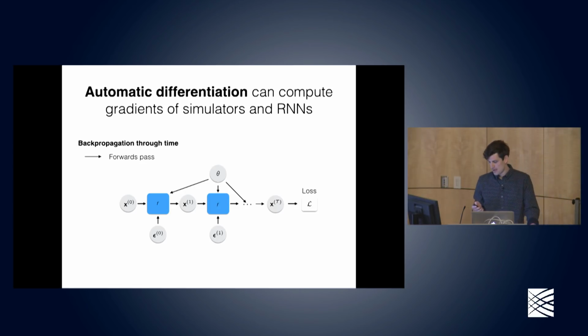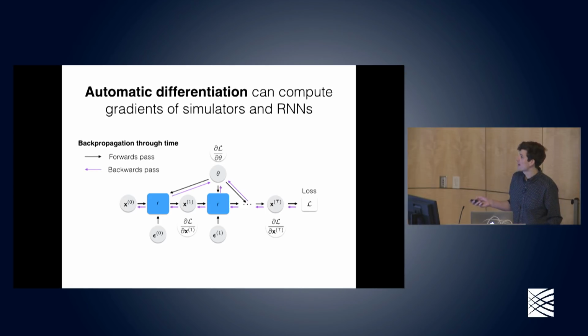Backpropagation through time basically says the amount of compute you spent on the forwards pass, running the whole simulation forwards in time, is basically the amount of compute you need for a backwards pass, where as you march backwards through time, you compute as you go along the sensitivity of the final loss with respect to all the intermediate things that you encounter along the way. This is basically the training algorithm for recurrent neural networks in general, and you can see it would also work for simulators.